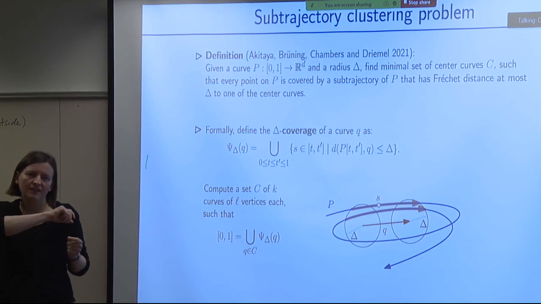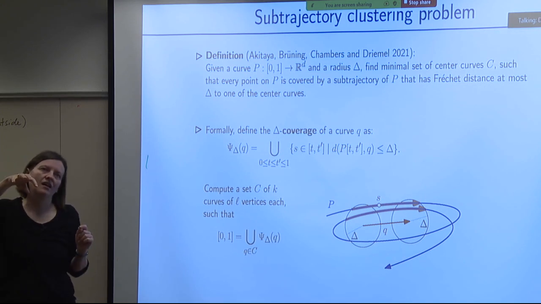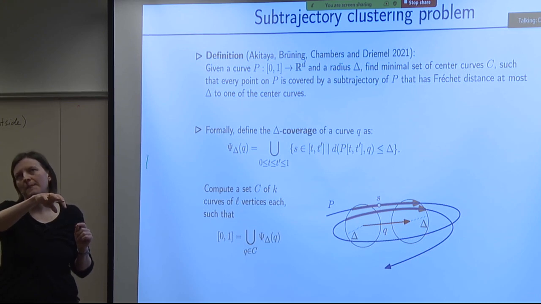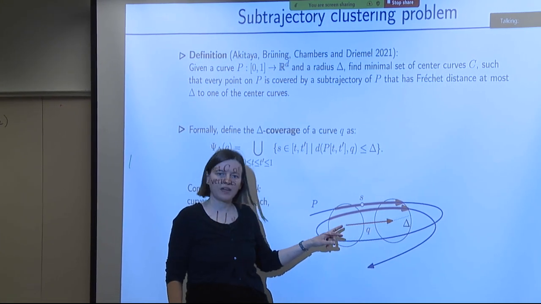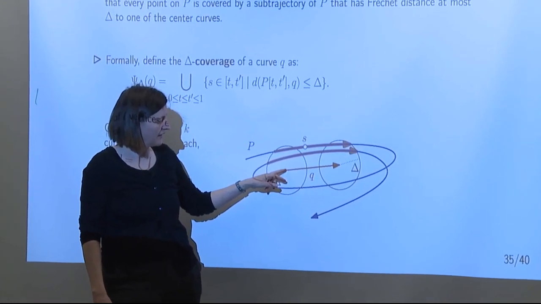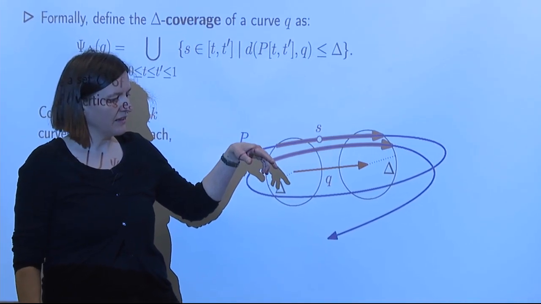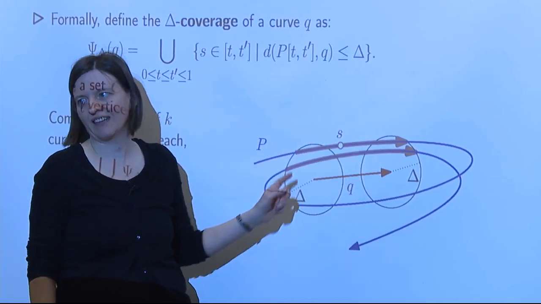So the ground set is the curve, all the points on the curve, and my sets are metric balls that cover part of the curve. A set could be, for example, defined by a line segment Q. I look at the metric ball of this line segment, and I look at all the points on the curve that have a subcurve in that metric ball.